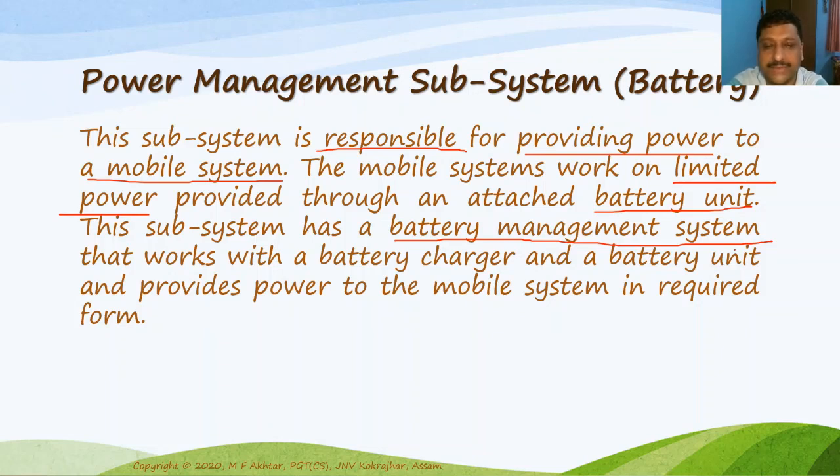You can reduce some components' power consumption so that the mobile system remains available for working for longer. The battery charger and battery unit provide power to the mobile system in the required form, as per the requirement, to the whole mobile system.